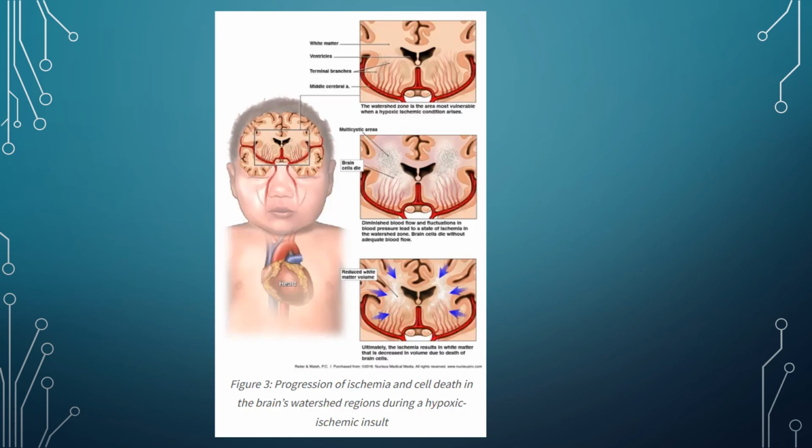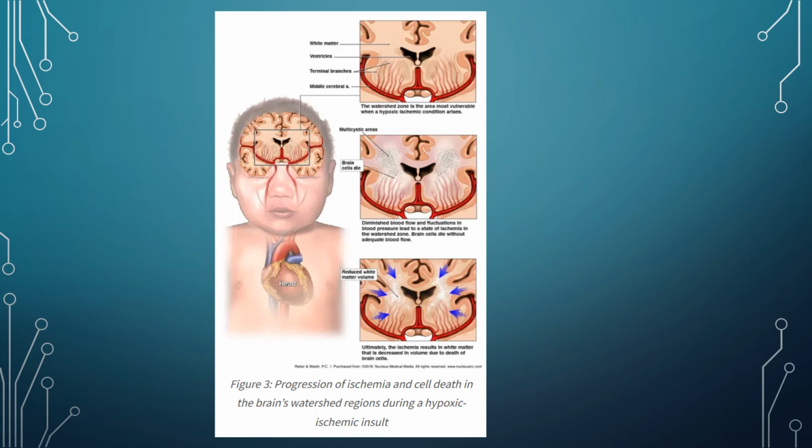Types of injuries: hypoxic or lack of blood flow injuries in the developing brain happen in what we call watershed areas. And that just means that the hypoxia is in these tiny vessels, not at the main vessel. So in older people, you would have a stroke or a clot blocking the main artery.